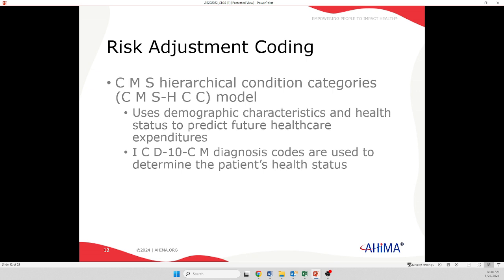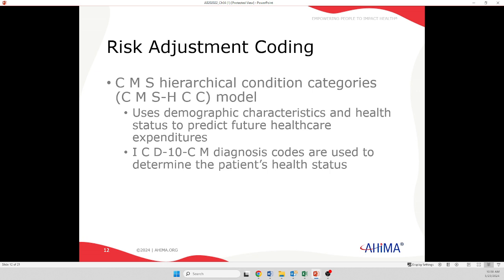So know what it is. It was implemented in 2004. It's used with Medicare Advantage Part C. It helps to provide fair and accurate payments while rewarding efficiency and quality care. It works with the Department of Health and Human Services to develop risk models.